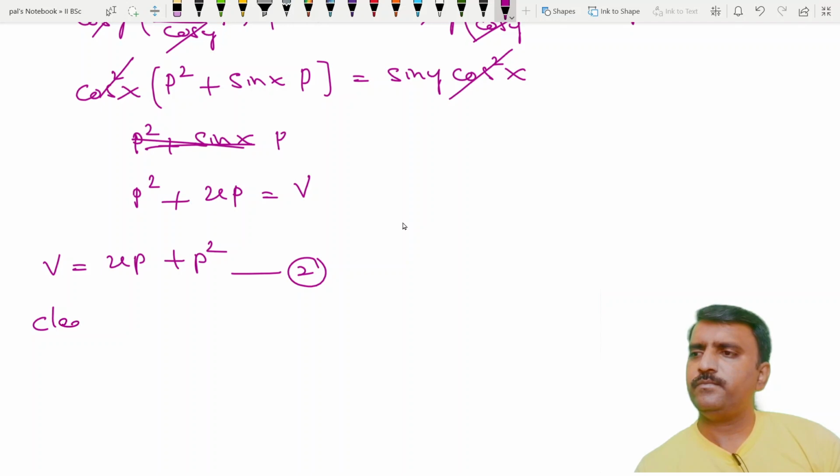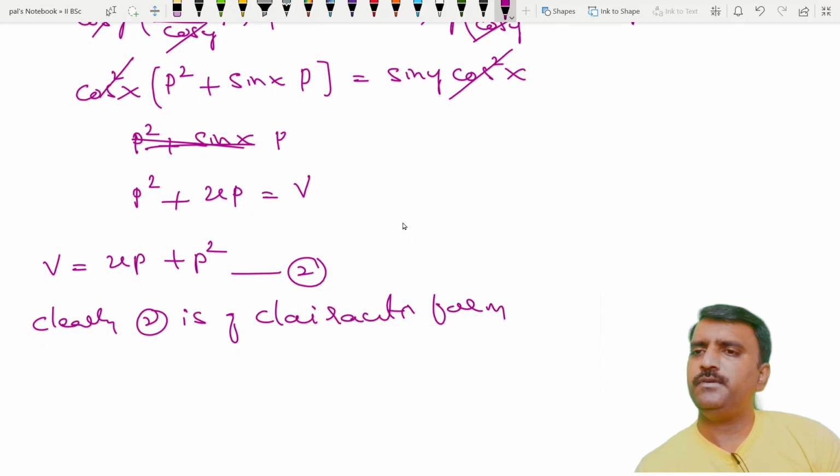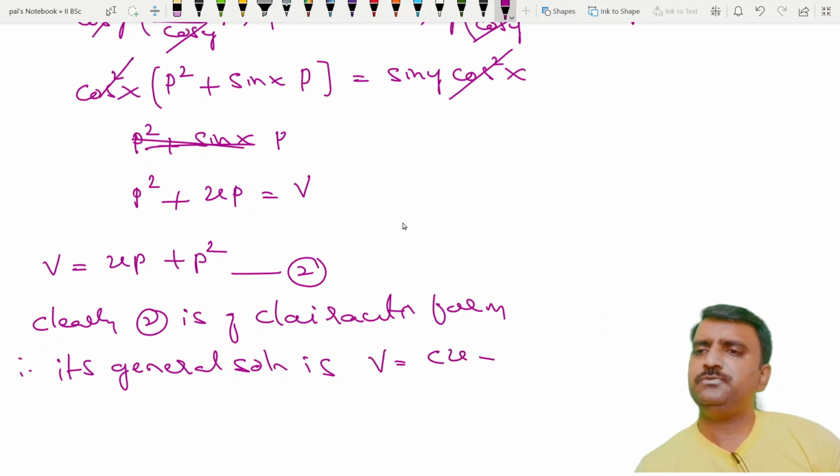Clearly equation 2 is of Clairaut's form. So therefore its general solution is v is equal to cu plus c square, putting c in place of p.